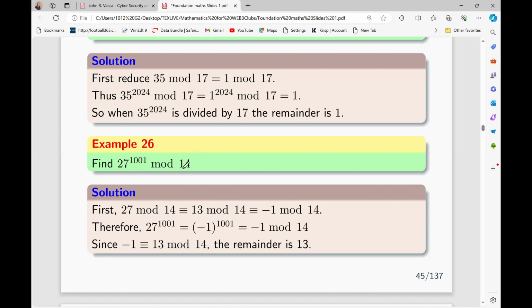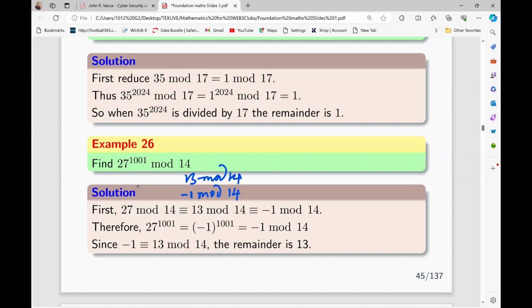But let's look at this. Our divisor is 14. We divide 14 into 27, ignoring the power for a moment. The remainder is 13. 13 is very close to 14. 13 is congruent to negative 1.